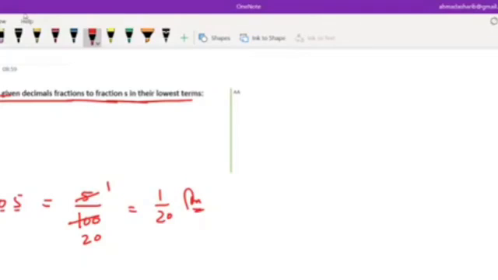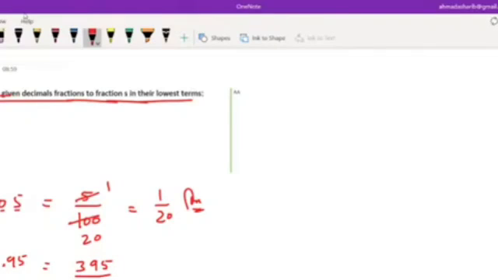Next question is 3.95. So convert it. 395 upon 100, because when I remove this decimal, I have to increase 2 zeros in the denominator.